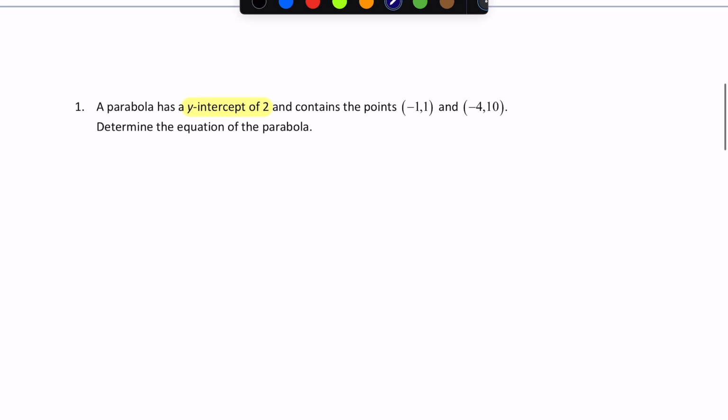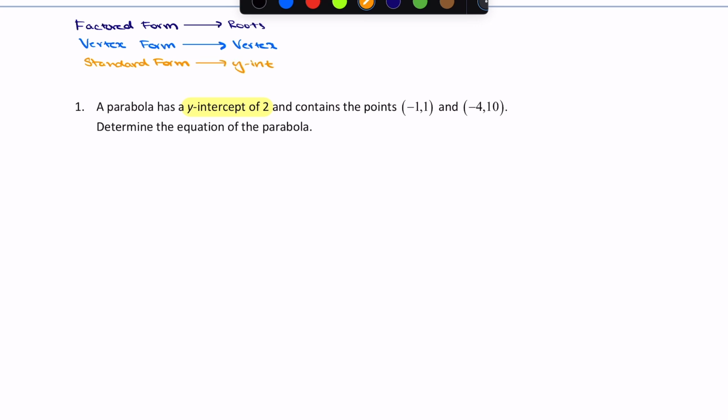So we know that in factored form, we're given the roots, vertex form, given the vertex, and then for standard form, we're given the y-intercept.